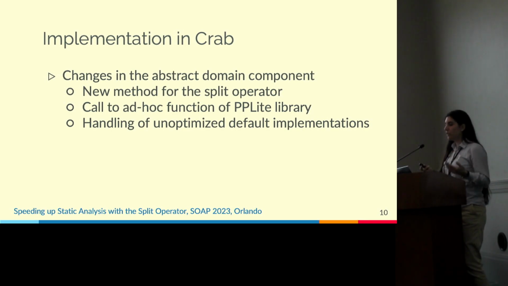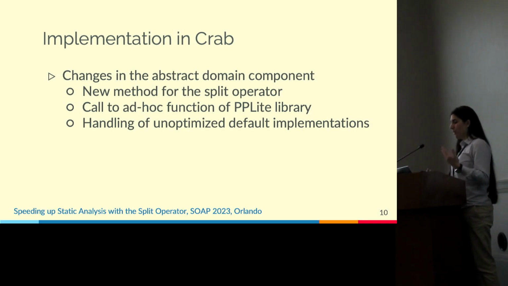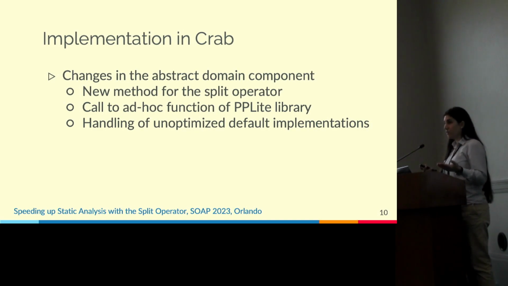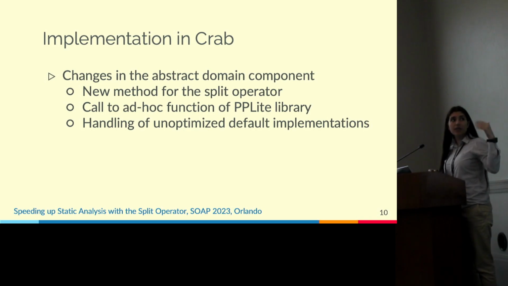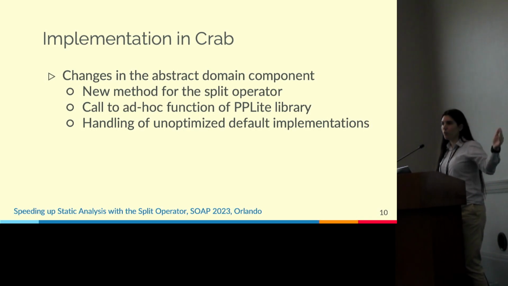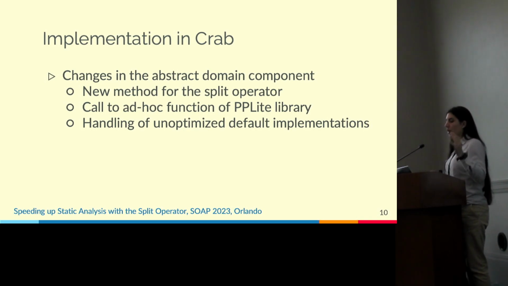So we also had to handle the unoptimized default implementation, so that if a domain asks for the split operator and it is not implemented, we fall back on the standard implementation with the filter operator, which is always available for the domains offered by CRAB.